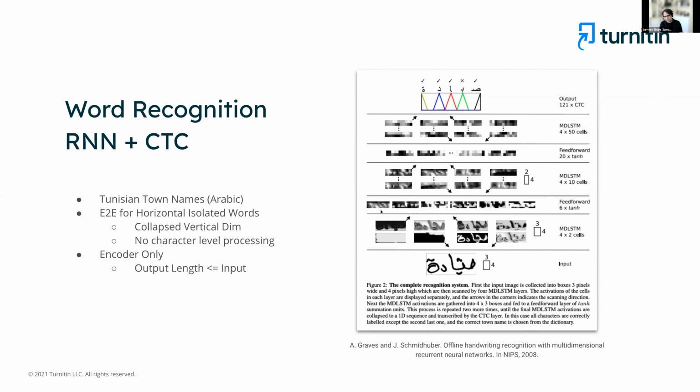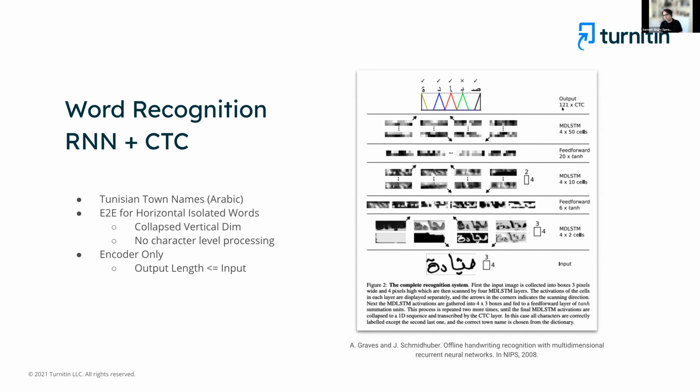The basic idea is that you encode or embed the image using multi-dimensional, so 4-directional, LSTM cells, and then you keep average pooling or using a feed-forward layer, such that at the end you collapse the vertical dimension and just have a single sequence of embedding vectors.